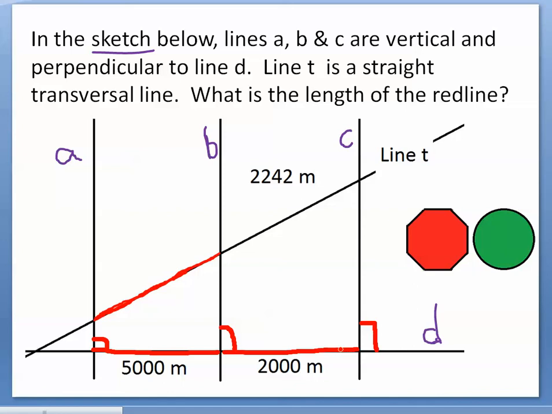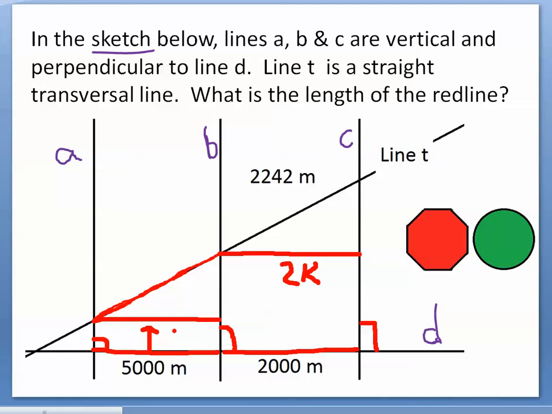Obviously, this is a sketch and not drawn to scale. So if that's 5,000 meters, then that would be 5,000 meters, and that would be 2,000 meters. This would be 2K for 2,000, and the same right here.